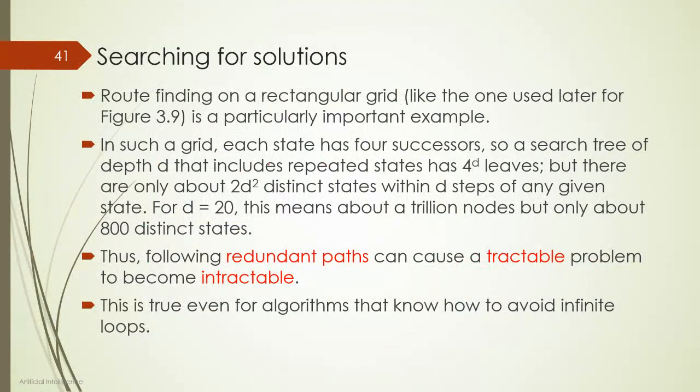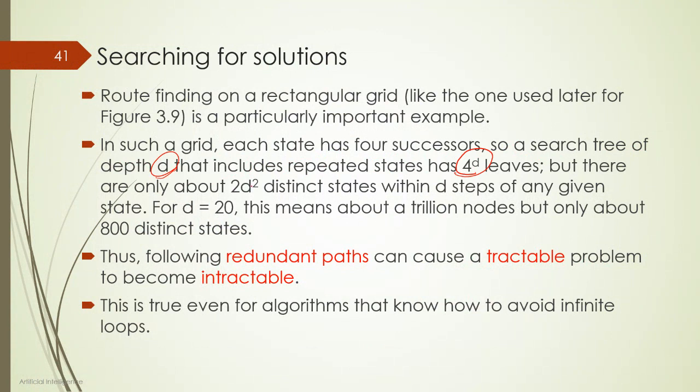In such a grid, each state has 4 successors. So a search tree of depth D, means if you want to go D levels down in the tree, that includes repeated states, has 4 to the power of D leaves.